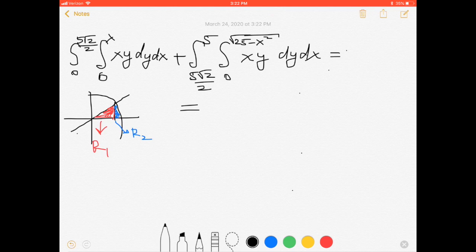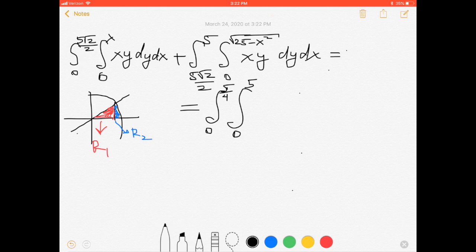If we move to the polar coordinate system, then theta changes from 0 to pi over 4, because the line y equals x exactly bisects the first quadrant, and r changes from 0 to 5 because our circle has radius 5.